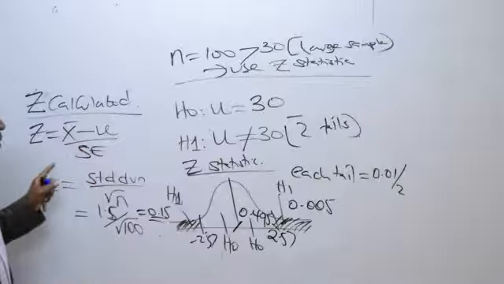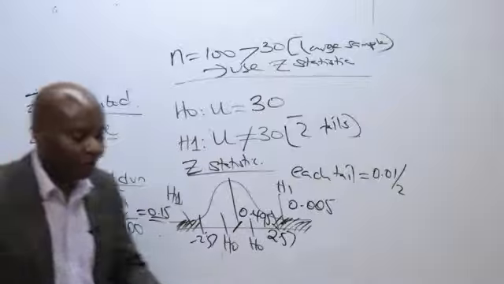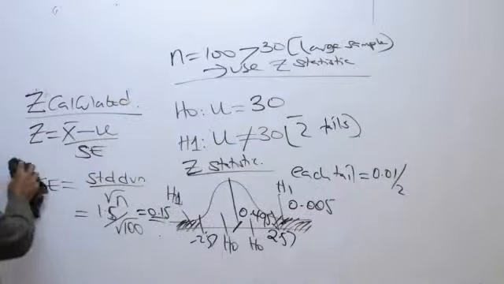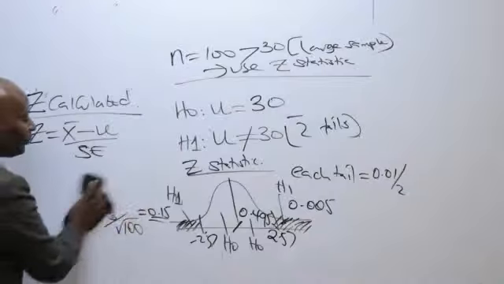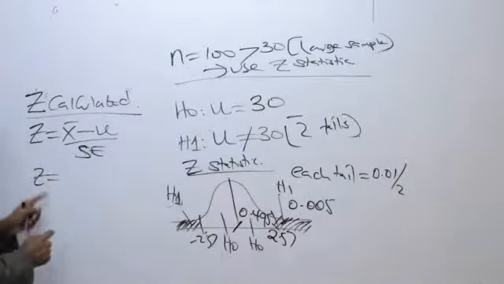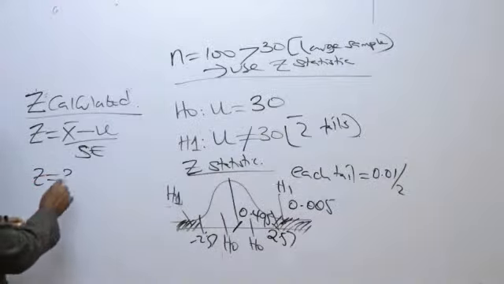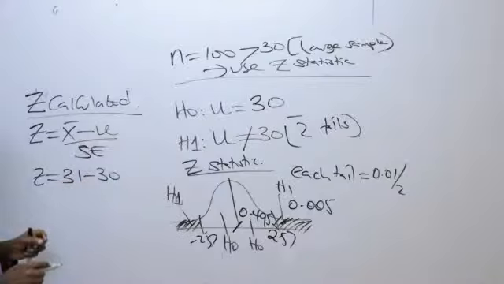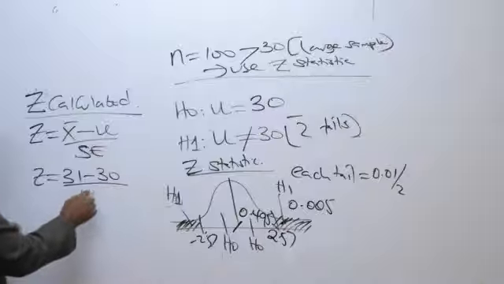So my z-score at the end of the day will be equal to what? My z-score should be equal to x bar. X bar, they have told me the sample is 31. The population mean was 30, all over 0.15.